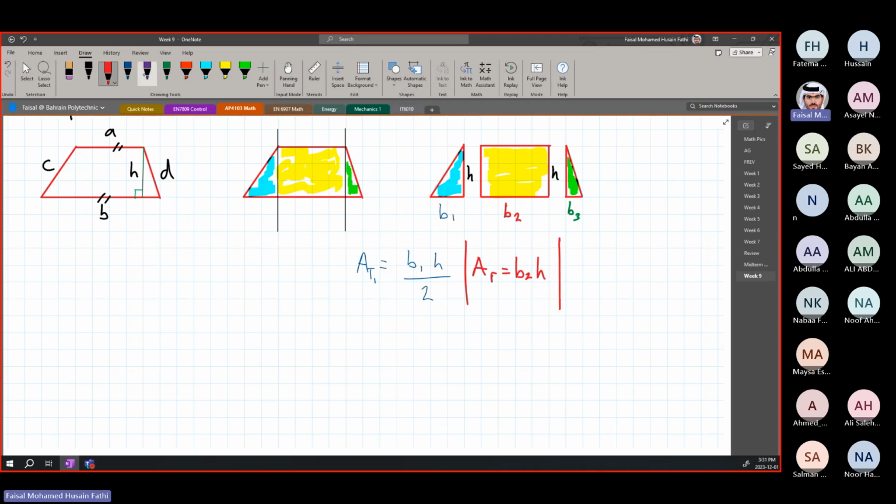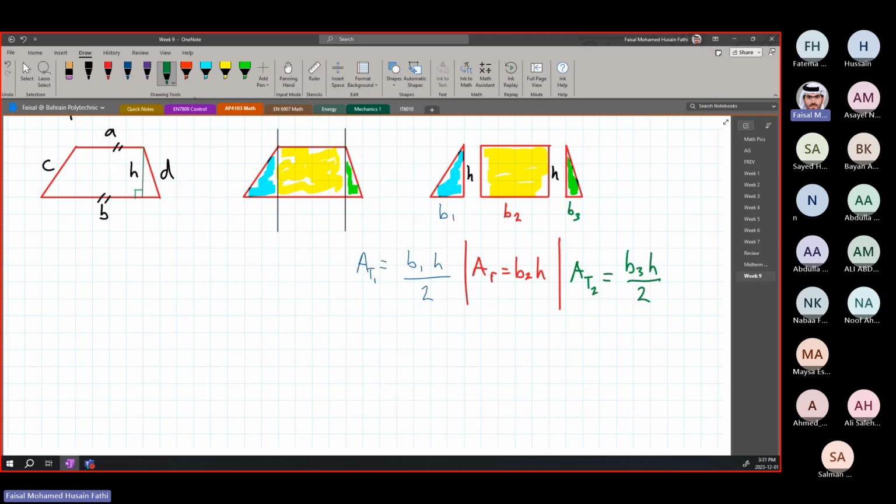And for the third triangle, it's B3 times the height over 2. Okay? And we just have to add all of these up, and we will find the total area.